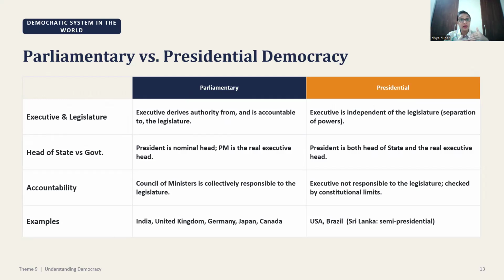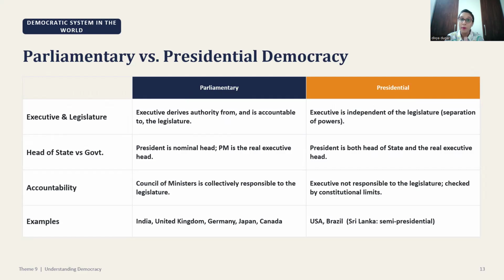But in parliamentary democracy, the executive is accountable to the legislature, meaning the executive derives its power from the legislature. In parliamentary democracy, the executive is not independent. But in presidential democracy, the executive is independent. It does not need to derive its power from the legislature.